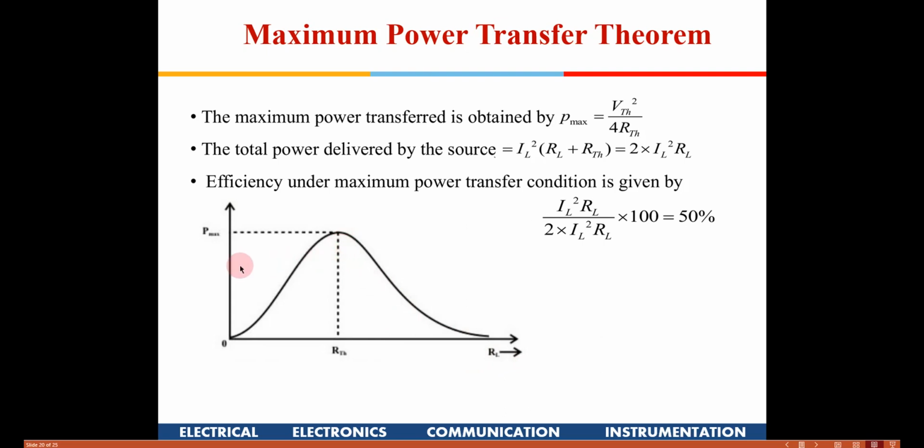So the left hand side portion of this dotted line is going to merge with the y-axis. As you keep increasing RL, the power will decrease, because it is V squared by RL.